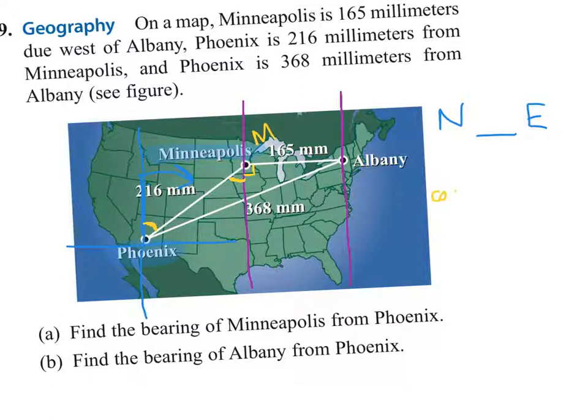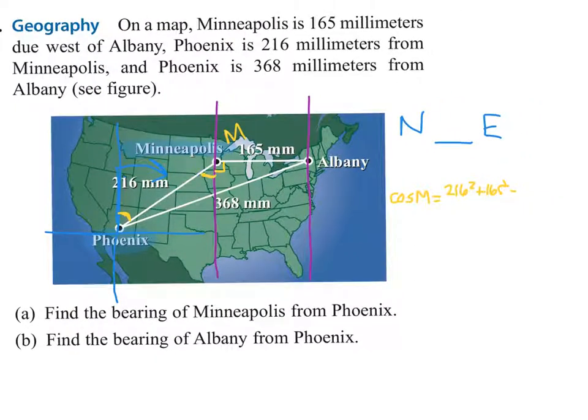So the cosine of M would equal 216 squared plus 165 squared minus 368 squared over 2 times 216 times 165. So I do the inverse cosine, group my numerator together, 216, 165, 368, 2 times 216 times 165.